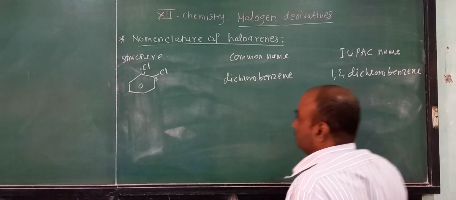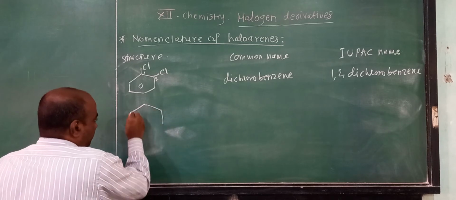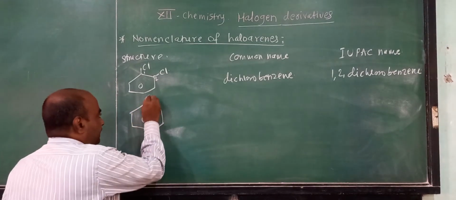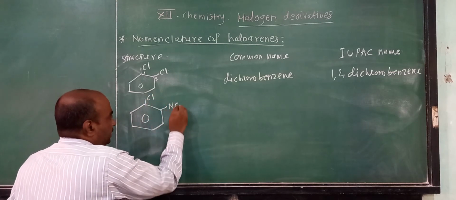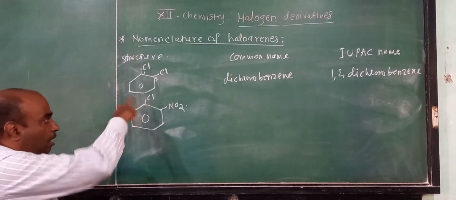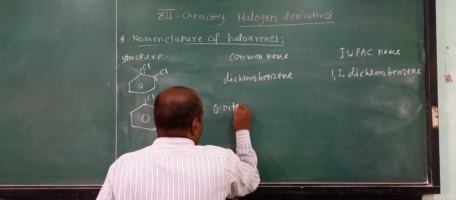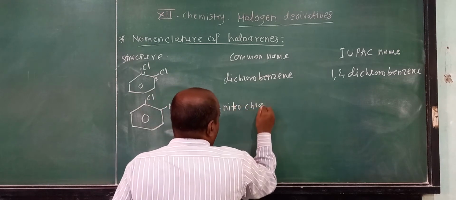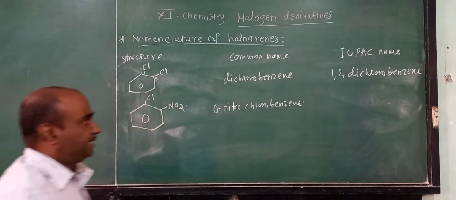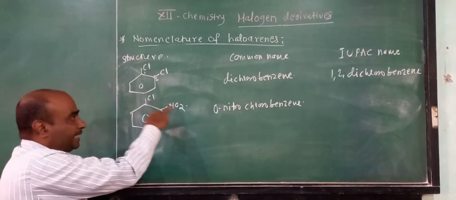If you write different substituents attached there, for example, here chlorine and here an NO2 group, then it will be orthonitrochlorobenzene. The IUPAC name: the priority order of the halogen group is more than the NO2 group.